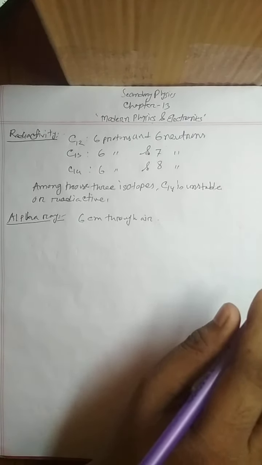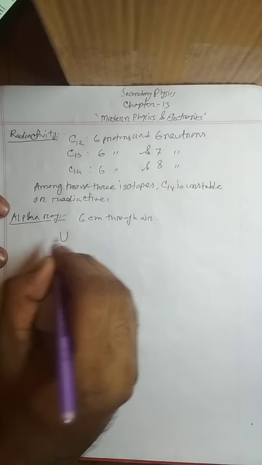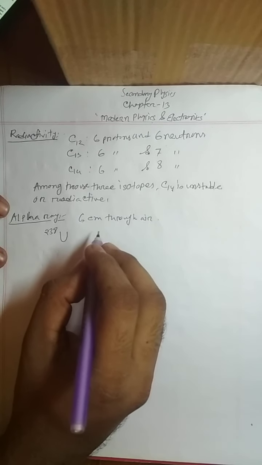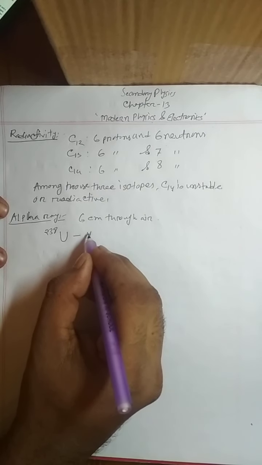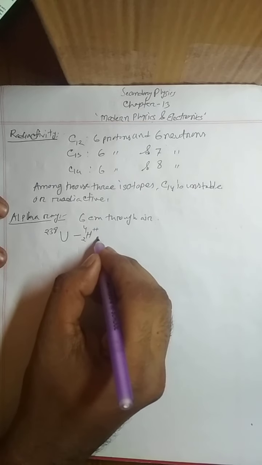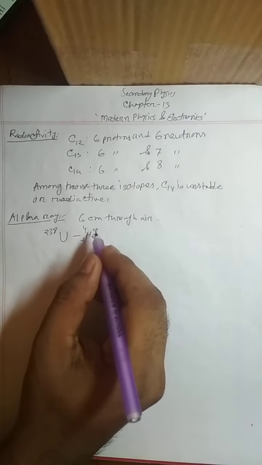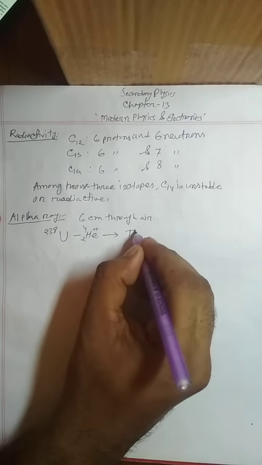Okay, here's an example of it. There's uranium 238. When an alpha particle is emitted from here, it becomes thorium.